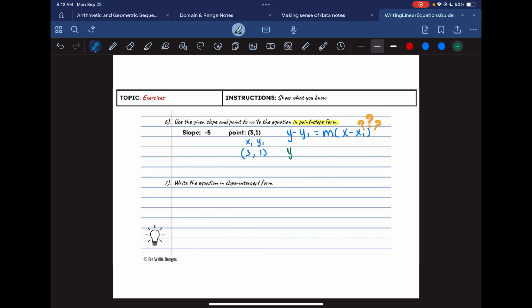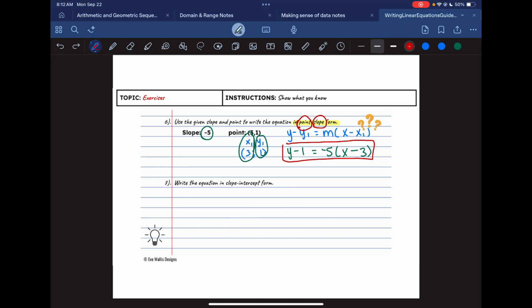My equation becomes y minus 1 because y1 is 1. I'm just plugging in the values, plug and chug. My slope they already gave me, which is -5. X minus x1 in this case is 3. So this is my equation in point-slope form. Remember, for point-slope form, you have to be given a point and you have to be given a slope in order to write it, and you just plug and chug.